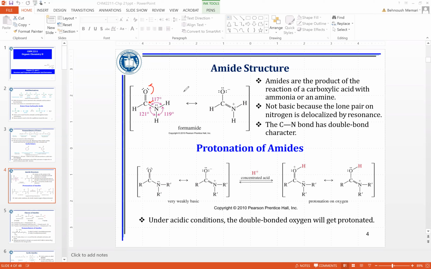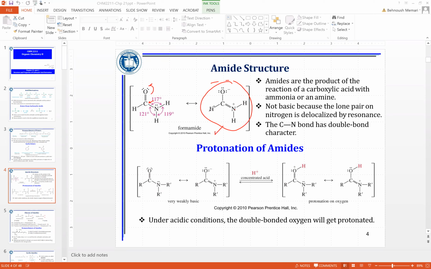So the pi bond would move up and gives a negative charge to oxygen, and you get a formal charge of positive for nitrogen. So you have 2 resonances for amide, only 2 resonances. So you could have 50% of the left, 50% of the right resonance at any given time. So it is going back and forth.